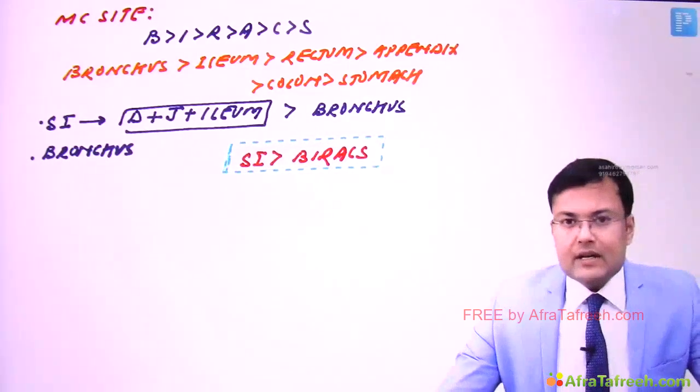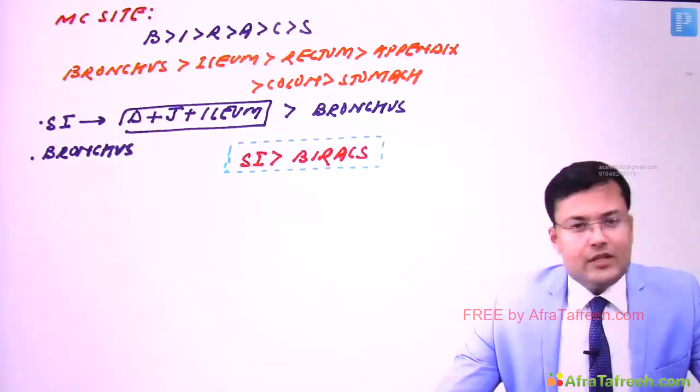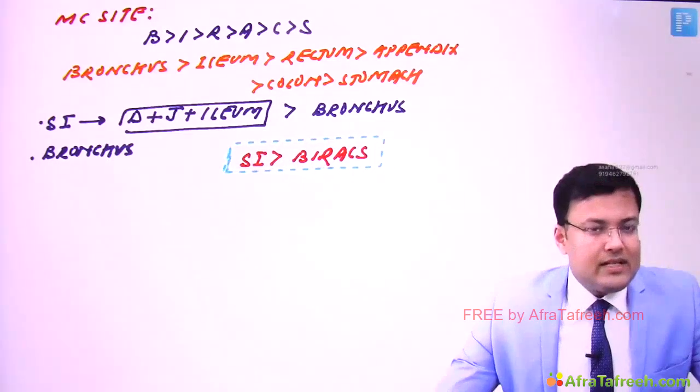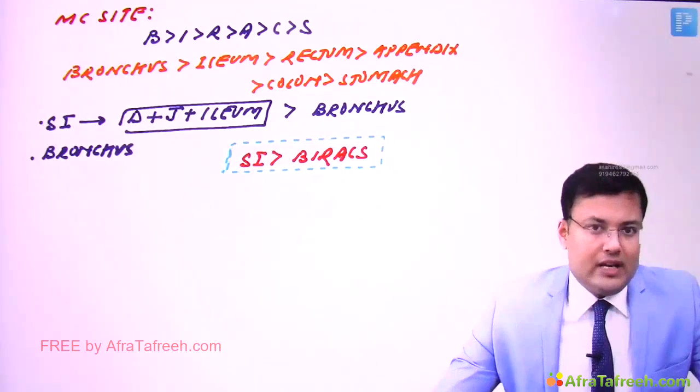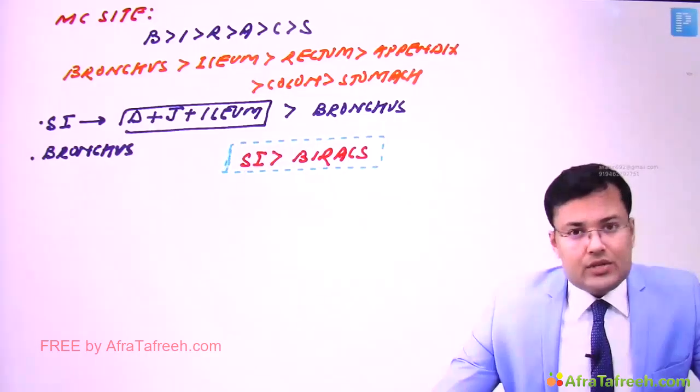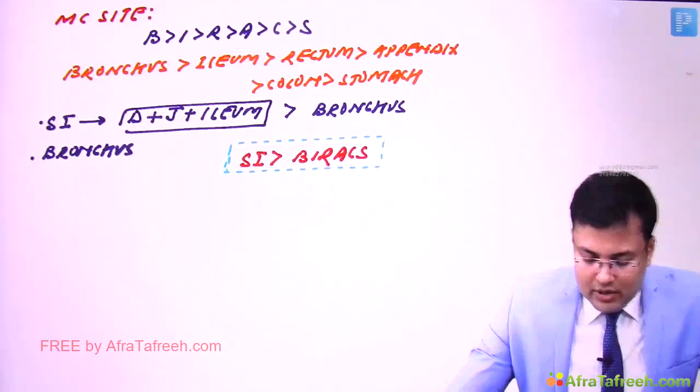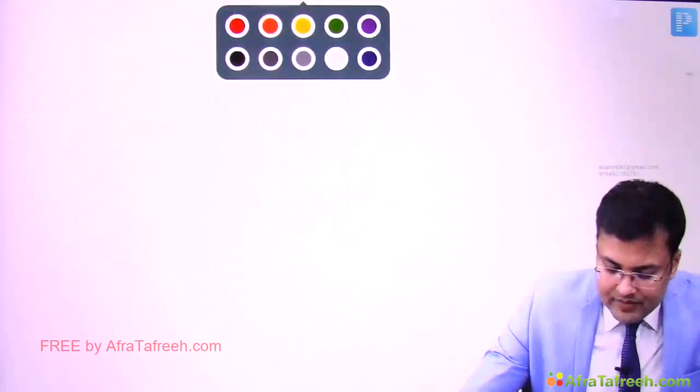Now see the types of carcinoid tumor. It is of two types. One is localized. Localized means it is confined to the organ. And second is non-localized. Non-localized means generally it is associated with metastasis. The first type is localized carcinoid, confined to that organ. And how to remember? The mnemonic is LOAR.